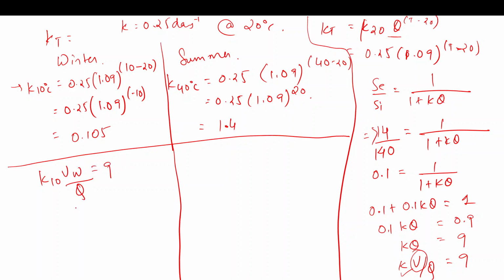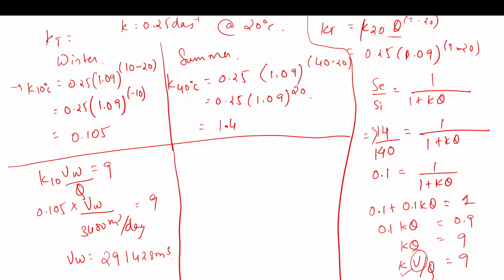Okay, so K is 0.105 into VW by Q, where Q is 3400 meter cube per day, equals 9. If we calculate this, you should get 291428 meter cube.